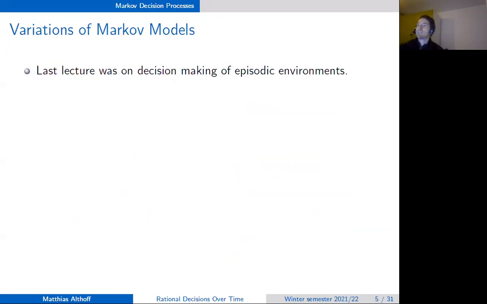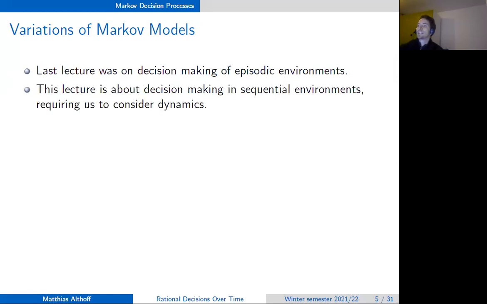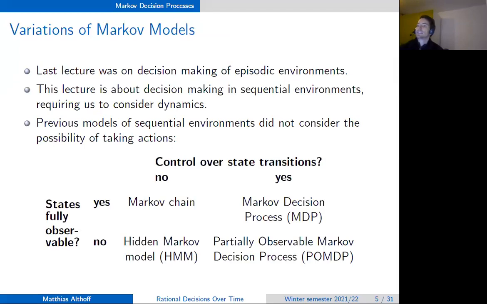Okay. Before we continue, we can now talk also about different variations of Markov models. If you remember, if you have no action, but you can measure the state, then you had a Markov chain. If you had no action and were not able to measure the state, then you had a hidden Markov model. And now today we're looking at the cases that we can control the state transition, so we can take actions.